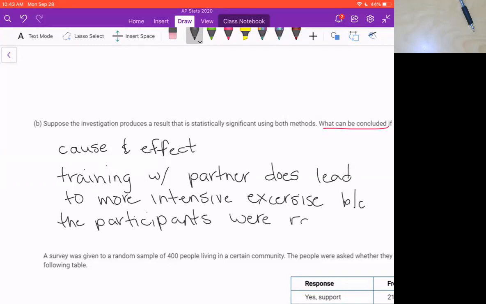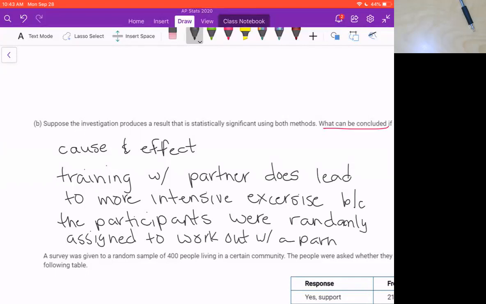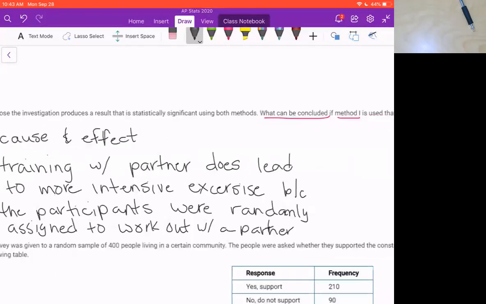That's the reason we can do this with an experiment. So we're randomly assigned to work out with a partner or alone. That's the reason.